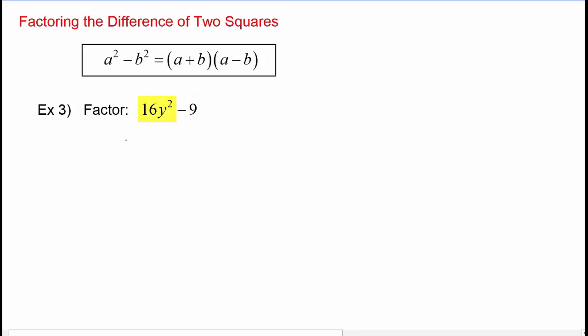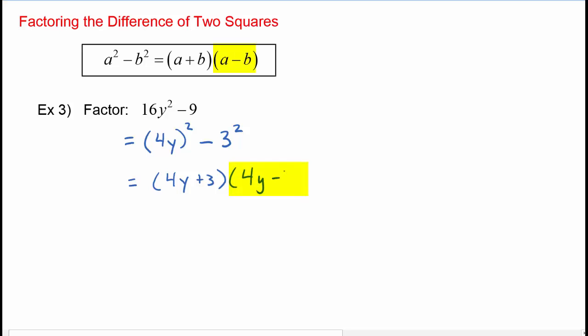Now, 16y squared we can think of as the quantity 4y squared, subtracting 9, which is 3 squared. Now, if we use our rule from algebra here, we see we're going to get the quantity 4y plus 3 times 4y minus 3.